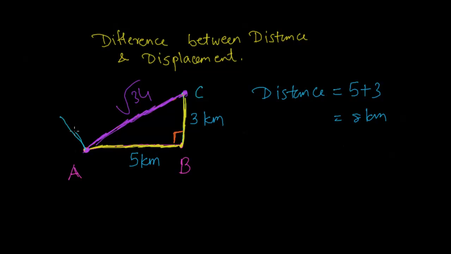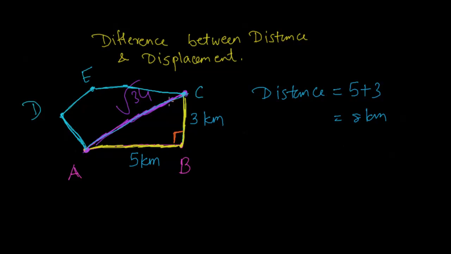You first go from A to some point D, then you move from D to some point E, and from E you move to point C. Then the total distance would be AD plus DE plus EC. But your displacement would still remain A to C, that is the distance between the final and the initial position.